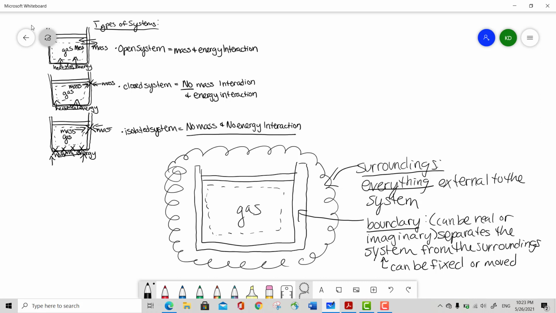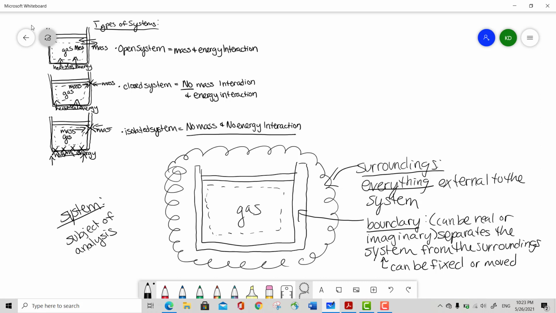I'll give you a definition of your system just while we're on here. And this is the subject of analysis. And so in this example, you would have gas as your subject of analysis.